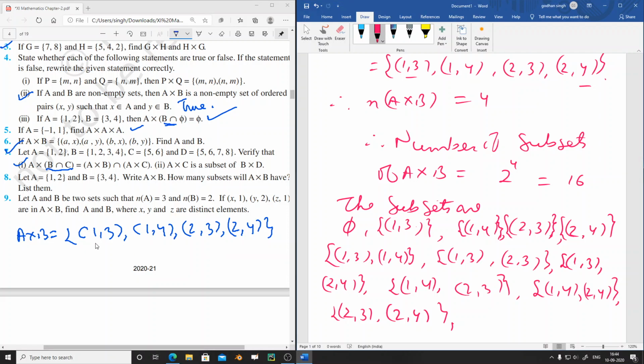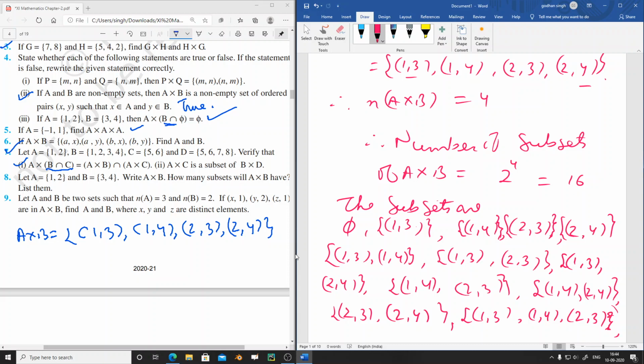Now we will take subsets having three elements. We can make a subset having the elements (1,3), (1,4) and (2,3), grouped together and closed with a curly bracket. This is complete.